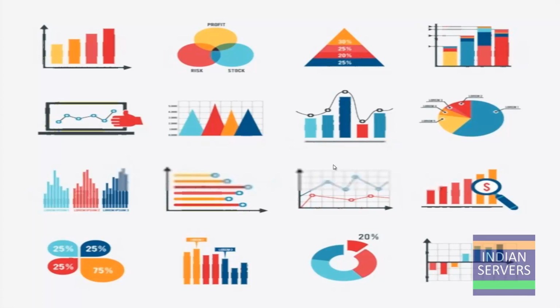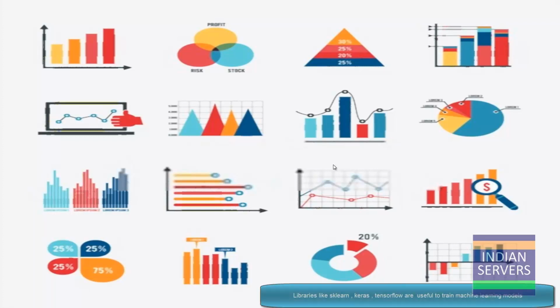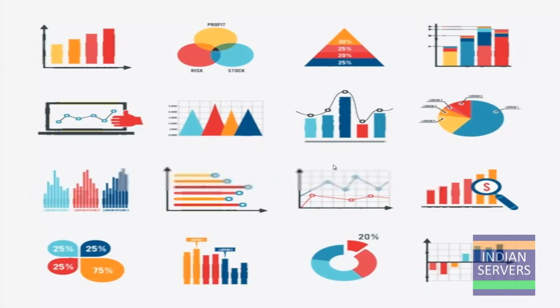So that is why we got three important things: pandas for manipulating the data and making modifications in the data, and we got Matplotlib, and there are various other libraries like Seaborn, which will help us to visualize the data, and we got various libraries to build the model which fits the data and helps us give better predictions and better results as per our real-time use case. So that is why Matplotlib is considered to be very important.